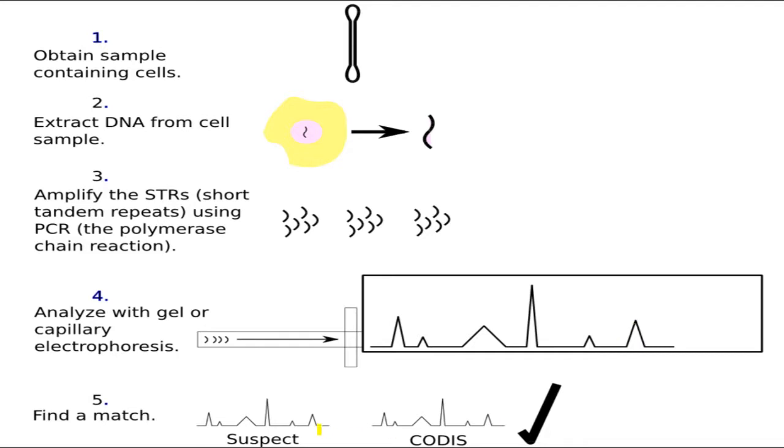So you put your multiplied STRs on your gel or capillary electrophoresis. You'll send it through the detector. You will see a chromatogram, or a graph, of where the thing ended up, and this is your DNA profile.